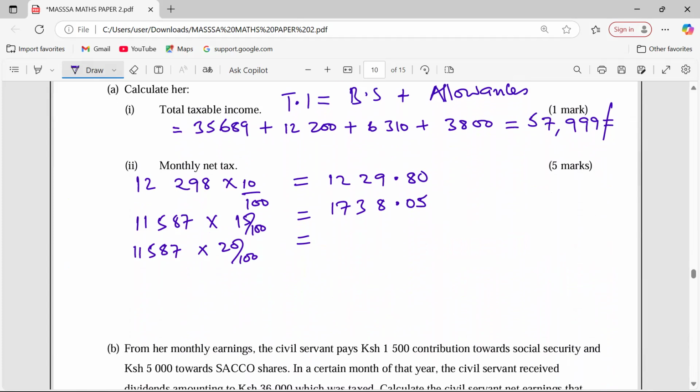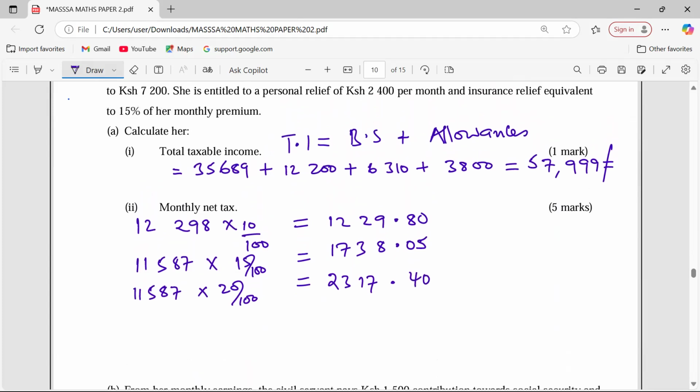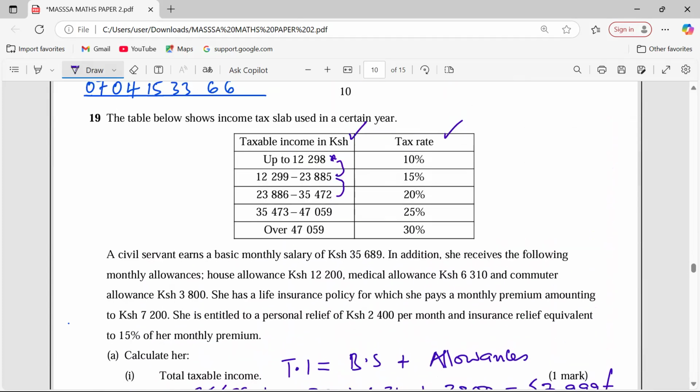You should subtract in each individual bracket. Please make sure you subtract in every slab. This one at the rate of 20% shall give us a tax of 2317.40.